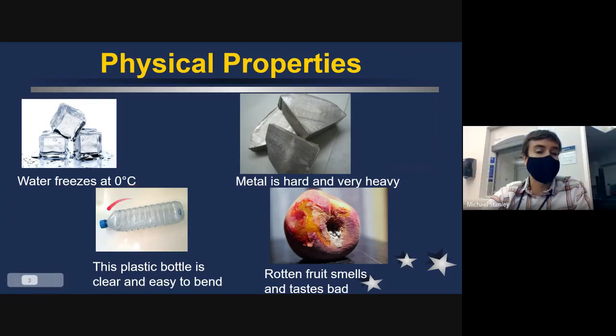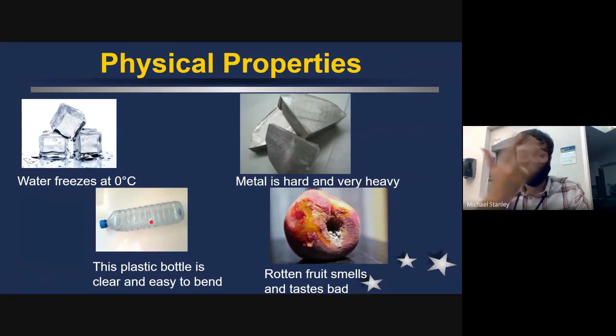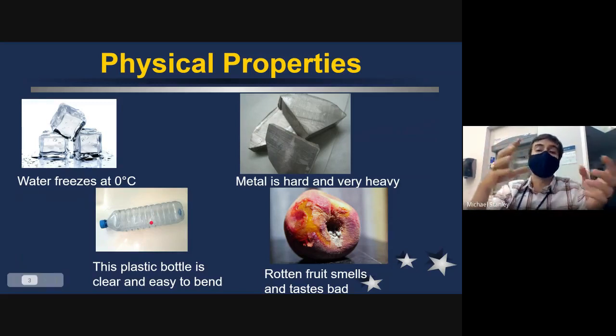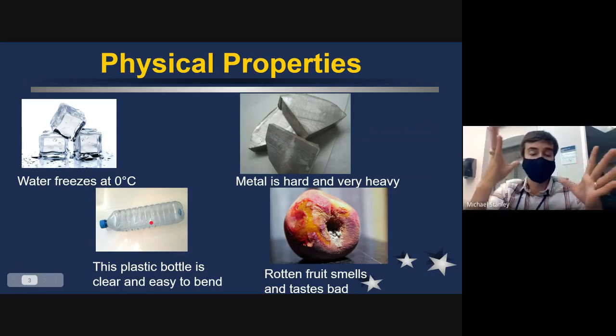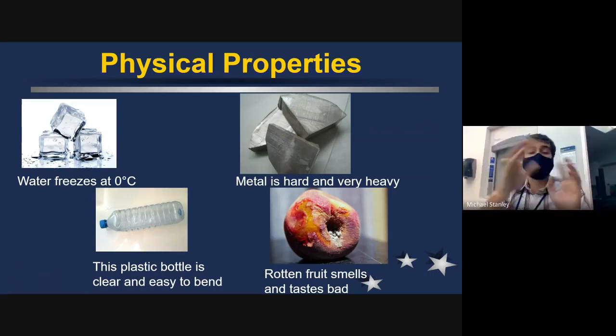Similarly, our plastic water bottle over here, when you look at it, you can tell that it is see-through, right? So light, for the most part, goes right through the water bottle, and you can see the table on the other side. And if you picked up this water bottle, it'd be pretty easy to squish it and bend it. If you wanted to, you can even squish it down between your hands.